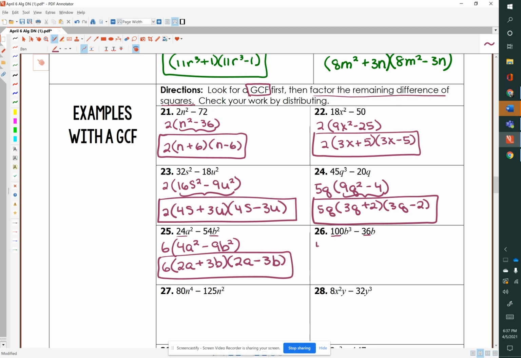So let's factor out a 4 and one of those b's, which would give us 25b squared minus 9, because we factored the b out. So now 4b, the 25b squared, that would be 5b, plus the square root of 9 is 3, and 5b minus the square root of 9, which is 3.